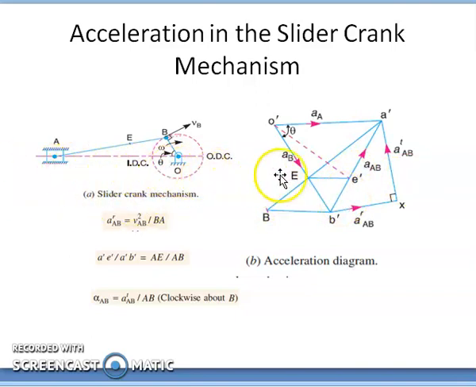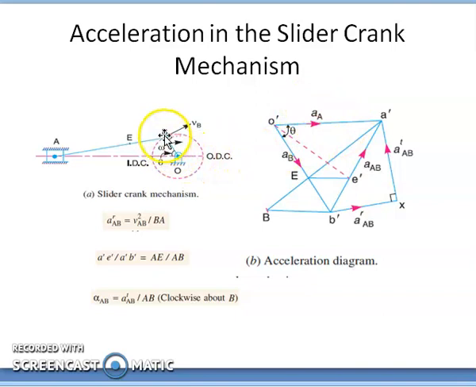So this is the direction of acceleration. If you know the velocity with which the slider moves, you also know the magnitude. So if you draw a line parallel to the line of stroke, that gives the acceleration of A with respect to O.